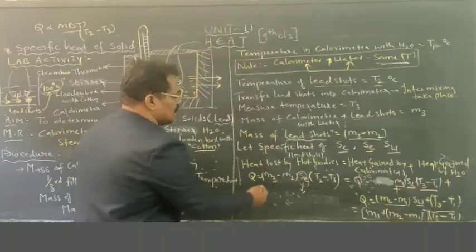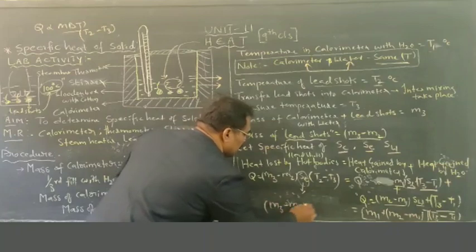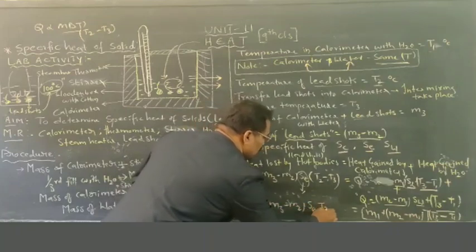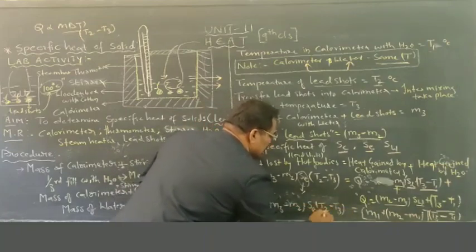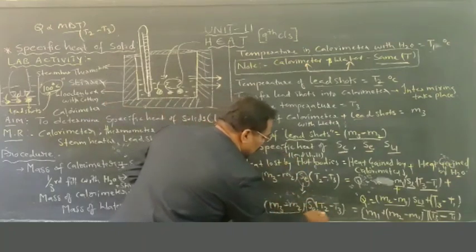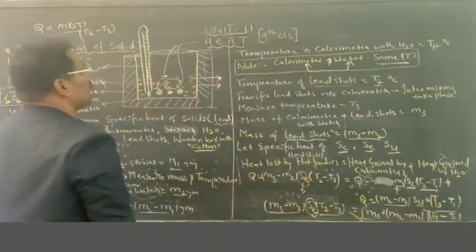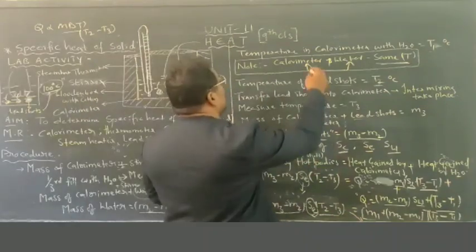On the other side, M3 minus M2 into specific heat of lead into T2 minus T3 degree centigrade. I require only lead. Therefore, take this one and this one to the bottom. Therefore, we'll get the formula.